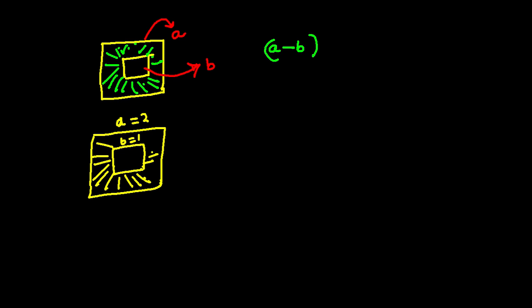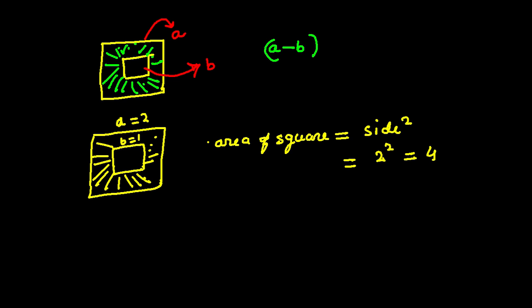So what will you do? You know the area of a square is side square. The side is 2, so that is 4. This is for the big square.